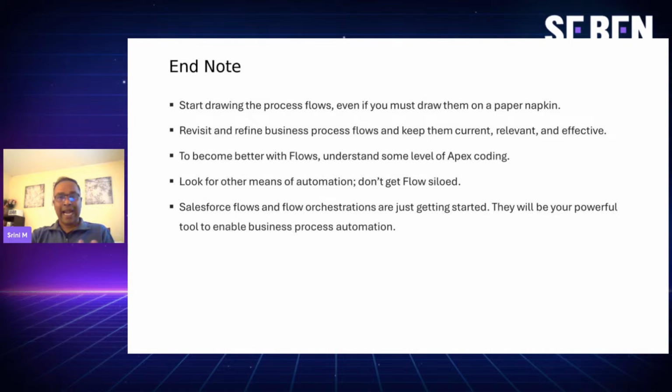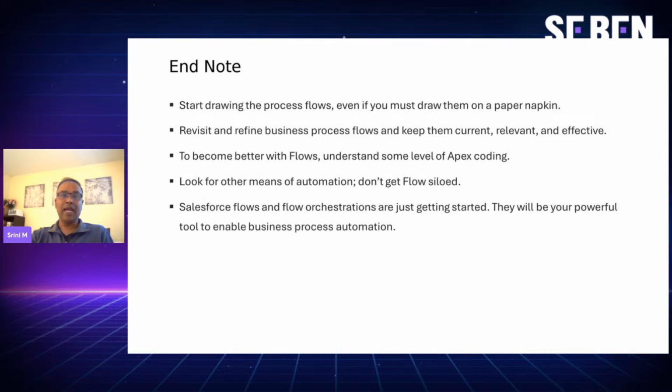Again, the end note, what I want to emphasize here is, one, you should start drawing process flows. Even if you have anything a little bit complex, get used to that. Put it on pen and paper. Just draw, that way you understand and the rest of the team understands.